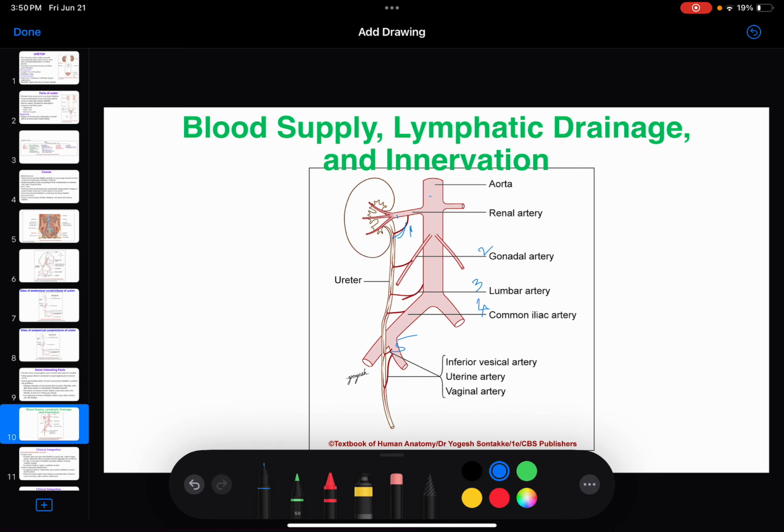So this includes the vesical artery, uterine artery and vaginal artery. Even uterine and vaginal arteries also supply the bladder, and vesical artery, superior vesical and inferior vesical arteries. So while they are supplying the bladder, they also supply the ureter.